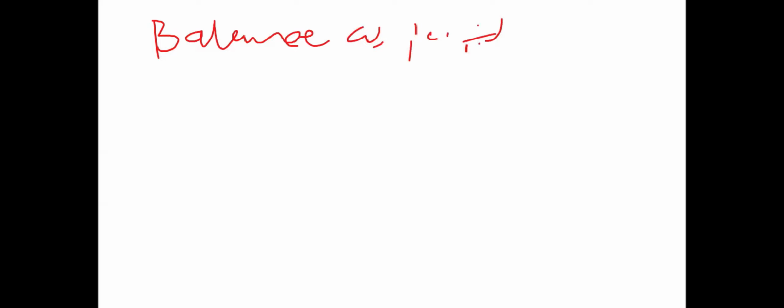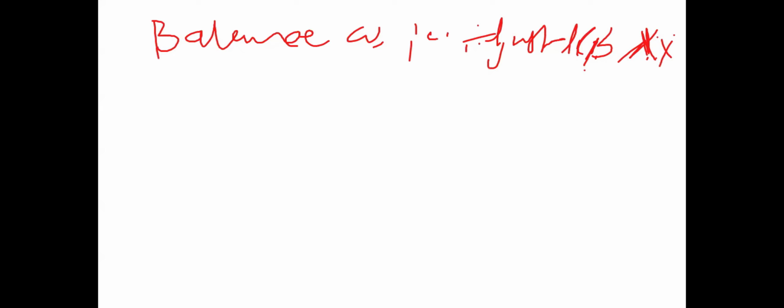However, I'm starting with the balance as per adjusted cash book. So balance as per adjusted cash book. Let me just call it CB. That is the balance I'm starting with.